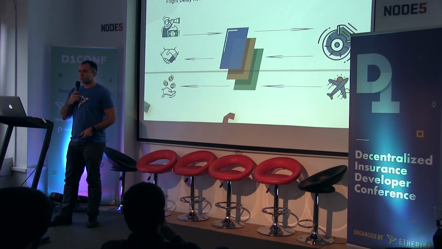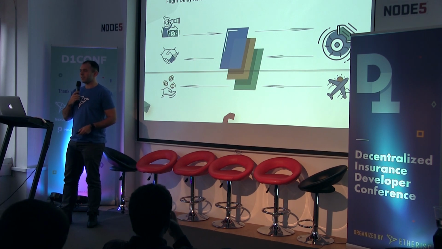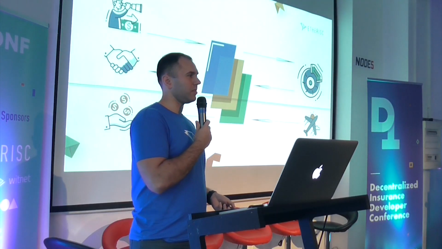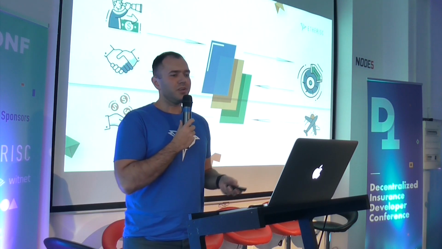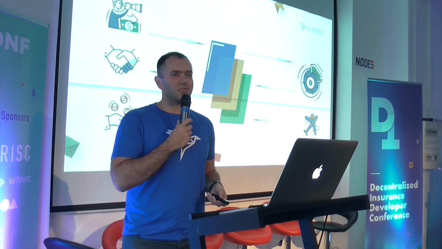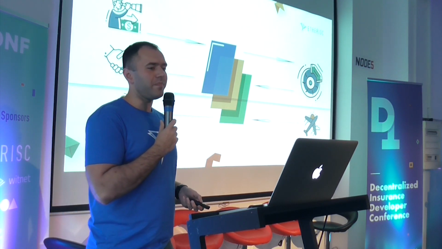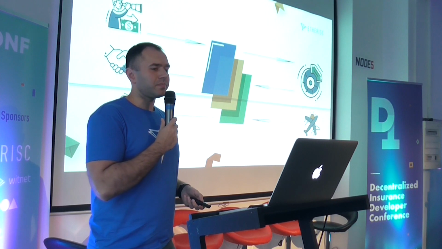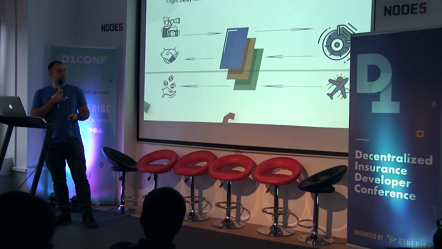The request for the policy is something packed with data, relevant data for flight delay. That would be flight number, date, some other info that might be needed to underwrite the policy. But that's it.